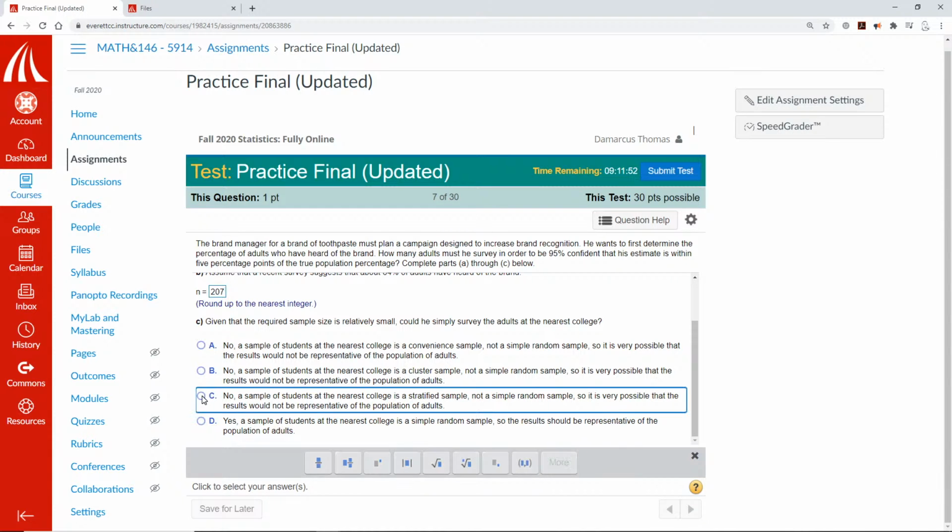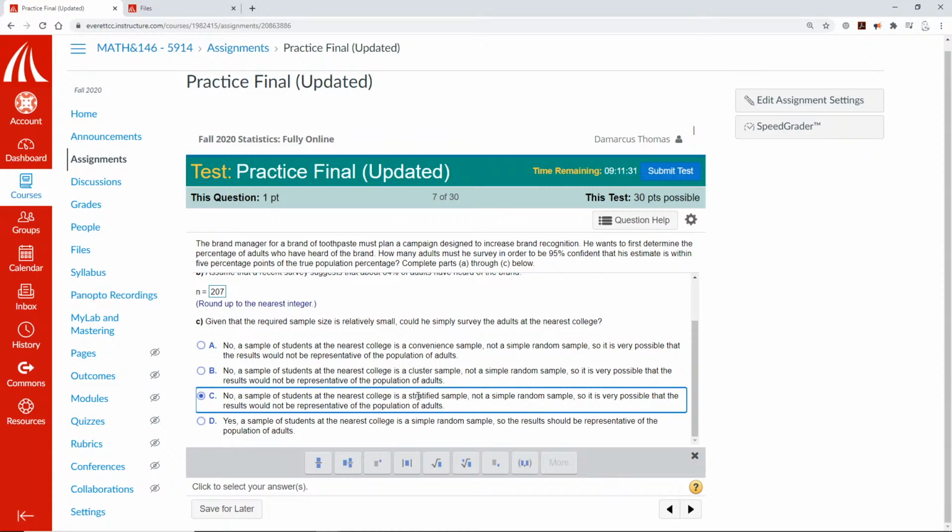And so for that reason, I'm going to go with C. But it could be almost anything. Sometimes you just have to go back and double check what it said there. But what's happening is every college is a strata.